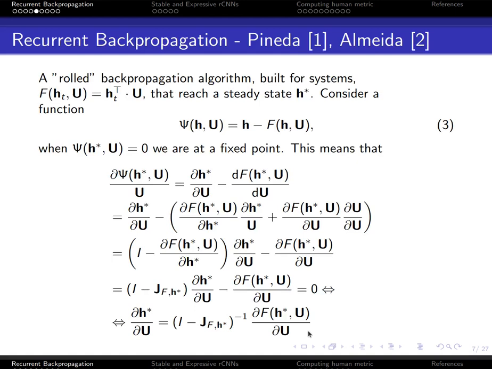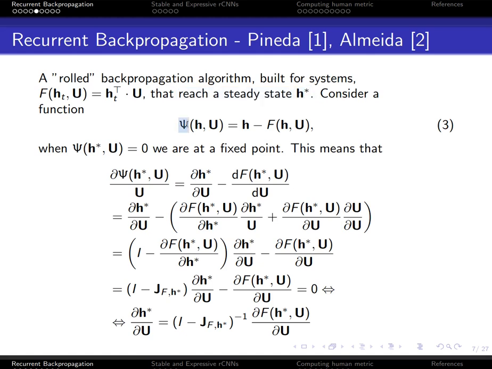Now, in 1987, Pineda and Almeida, and something really interesting, Luis Almeida was a professor here at Técnico, proposed a rolled version of the backpropagation algorithm. Consider a function f that takes as input h_t and is parameterized by u. We say that this function outputs the dot product of h_t with u, and consider that repeating this function will make the model reach a steady state h star.